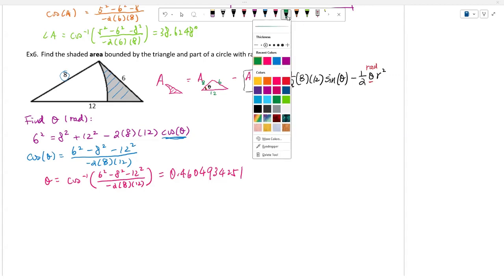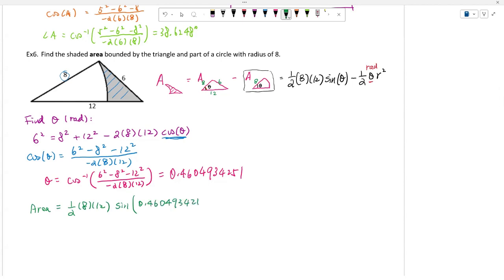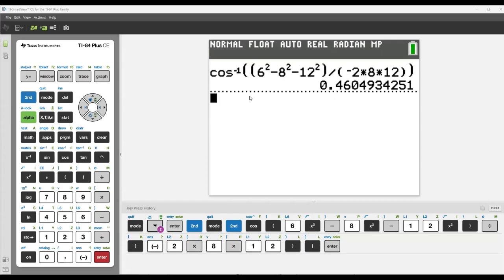And now we can find the area. The area is equal to 1/2 times 8 times 12 times sine of the angle, minus 1/2 times the angle times 8 squared. So 1/2 is 0.5.